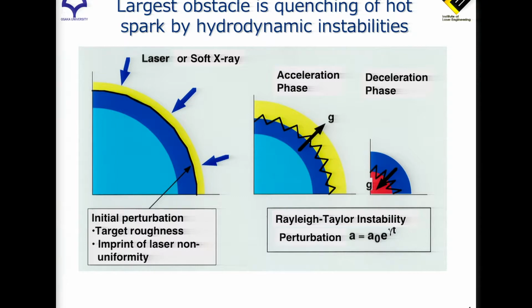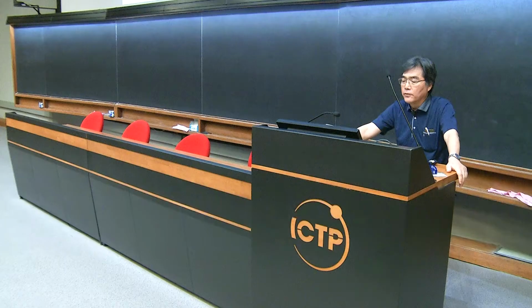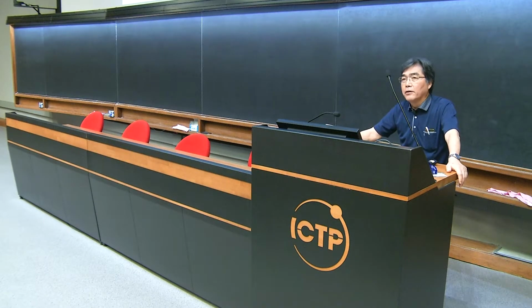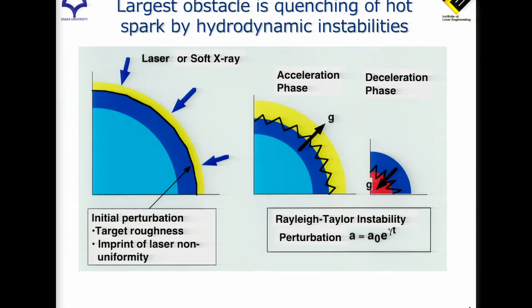As everybody knows, the largest obstacle of this scenario is quenching of the hot spark by hydrodynamic instabilities. Since there is a surface imperfection, either by target roughness or imprint of laser non-uniformity, then in the middle, during the acceleration, the light ablated material is pushing heavy fuel, and that means it is hydrodynamically unstable.